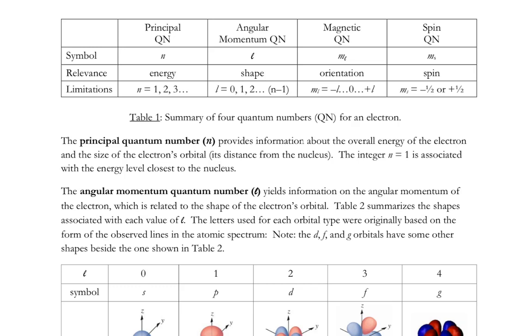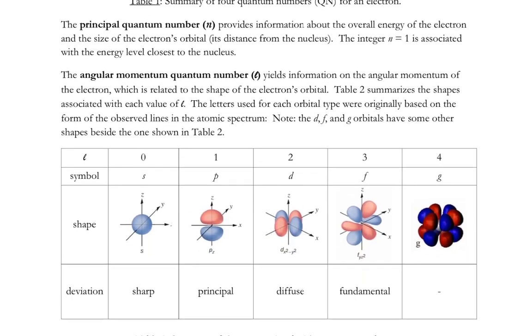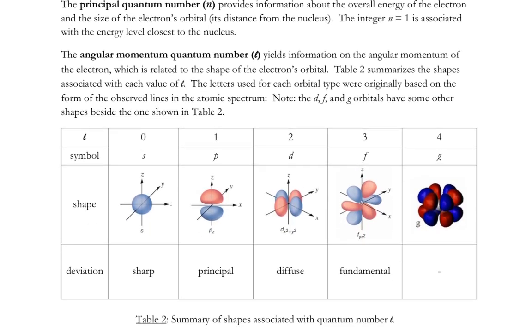So the first one has to do with energy. The second one has to do with, for us, primarily shape. It has to do with the shape of the orbital that it is describing, or orbitals, plural, it's describing.